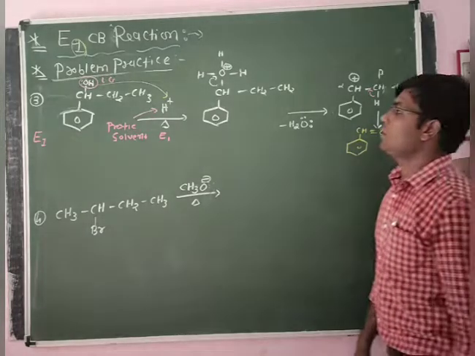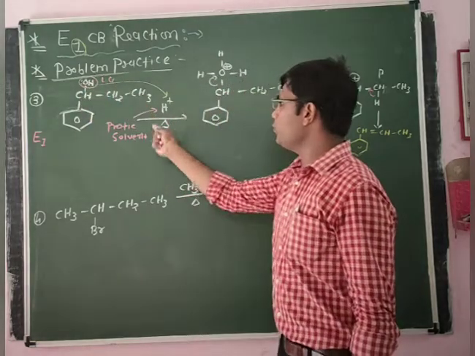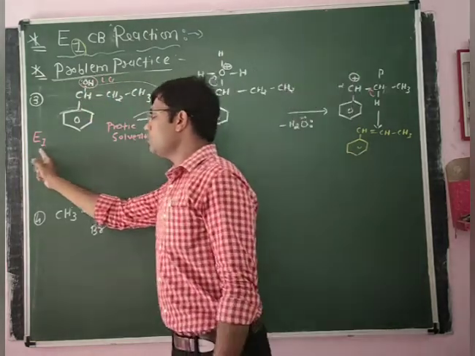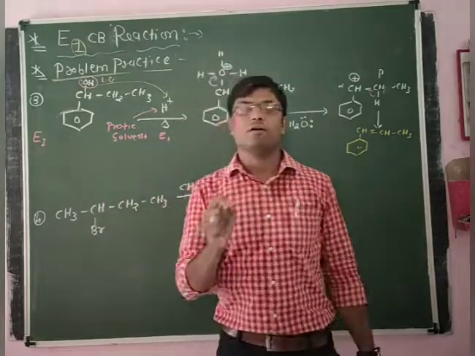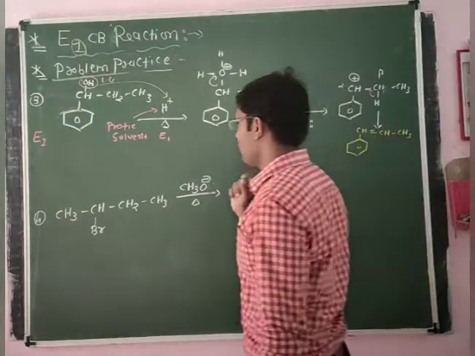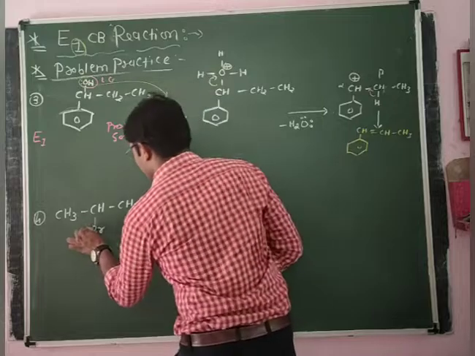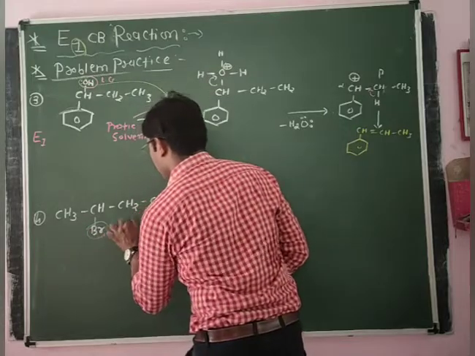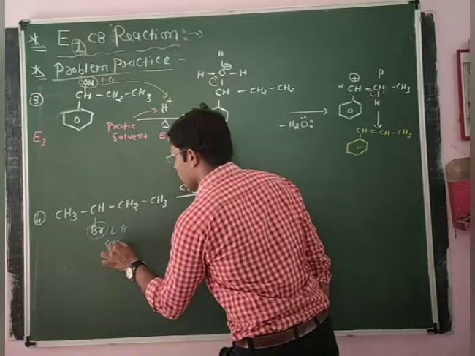So in this reaction, though there is a poor leaving group, due to the other condition, meaning the protic solvent, this reaction occurs via the E1 mechanism. Similarly, in the fourth example, this one is our leaving group, and you know very well bromine is a good leaving group.